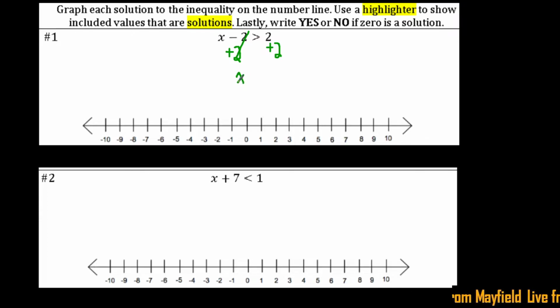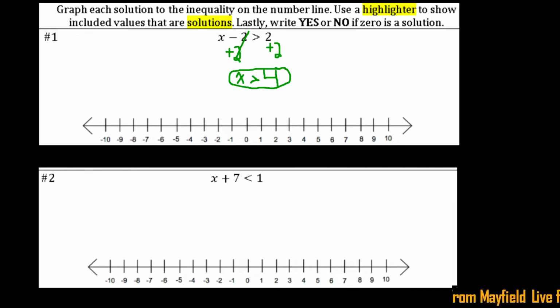So we have x, and then we have greater than, and then 2 plus 2 is 4. Again, be careful. I had people saying yesterday that 2 plus 2 was not 4, so again, just be careful.